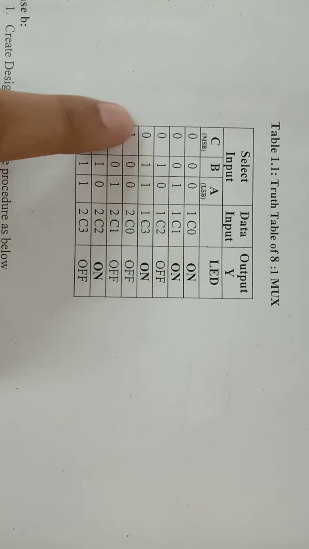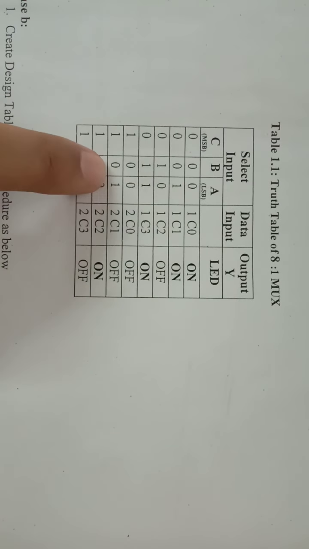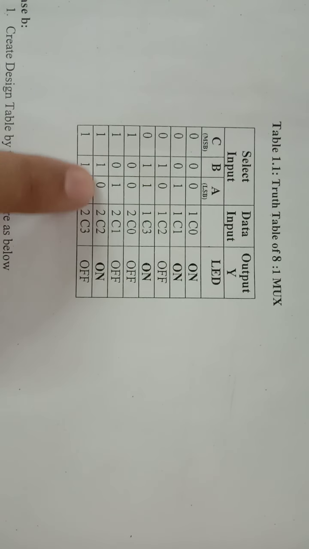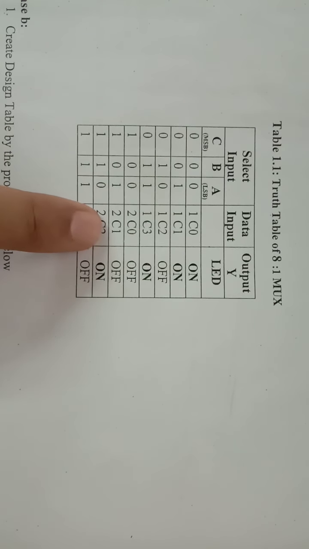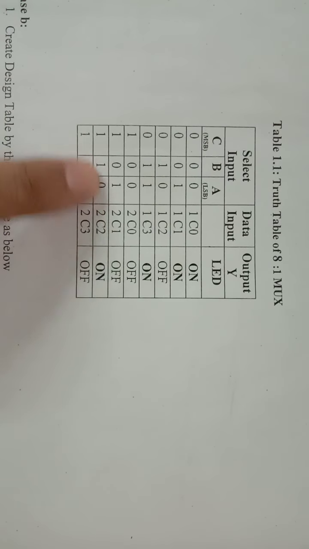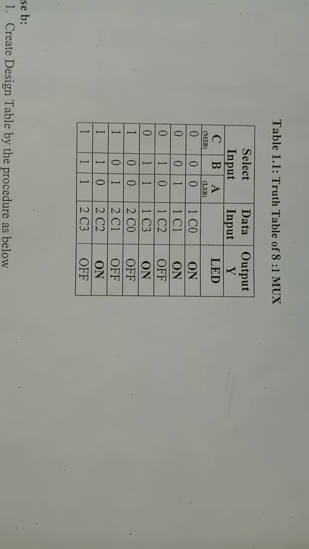Similarly, consider 101: C is connected to VCC, B to ground, A to VCC. Then 2C1, the respective data pin, is connected to ground, so the LED is off. Like this we can implement the 8 to 1 multiplexer.